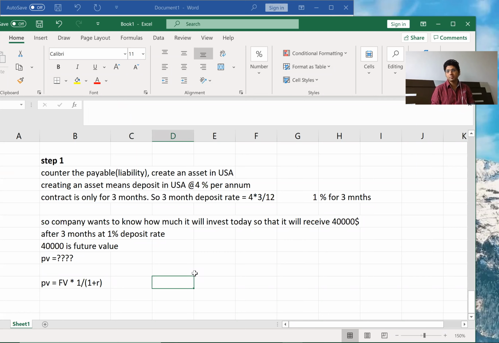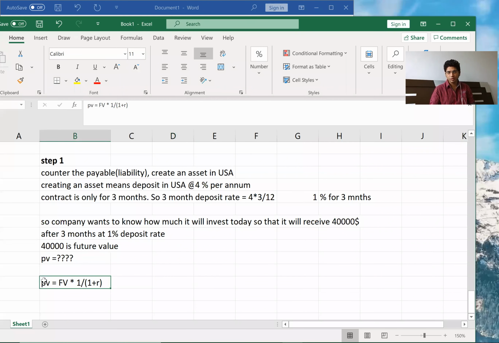Because I only have today's rate. I don't have the rate after 3 months. $40,000 is what I'll need after 3 months. I want the amount as of today, because I only have today's rate. That is the whole problem in the money market. A future rate is not known. So all the things I have to do as of today. So that's why I'm calculating the present value.